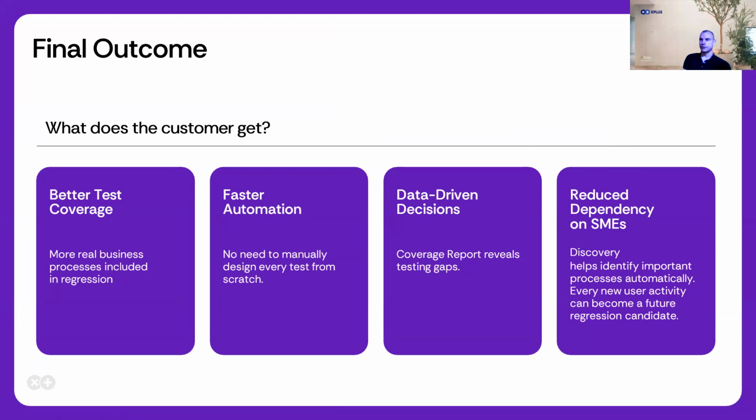Data-driven decisions: you can use the coverage report to find out which places are not tested, not by assumptions, but based on the real data that you get from the coverage report. And of course, the biggest point is reduced dependency on SMEs, on the business. Discovery helps us identify important things for automation, and everything that we want to automate can be important.